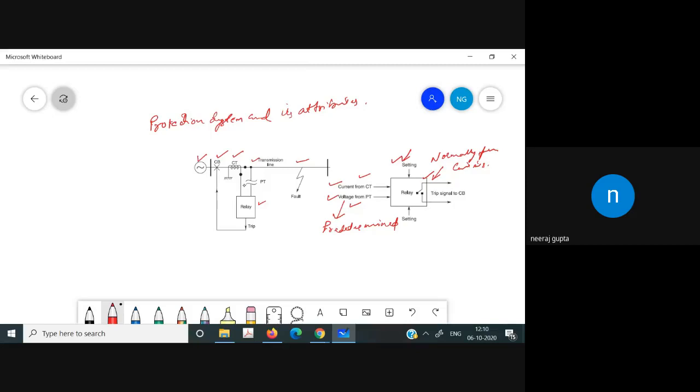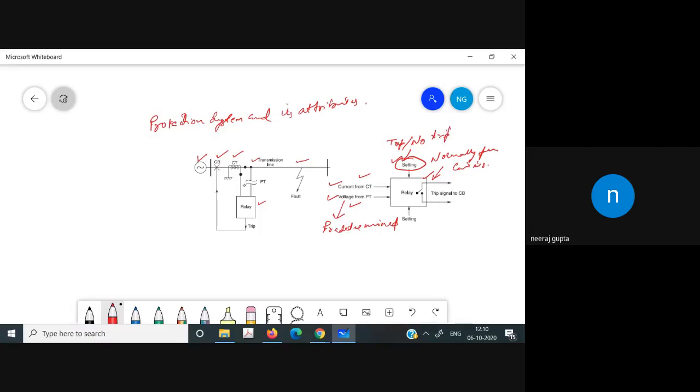From the information coming from CT and PT, it processes the information to arrive at some value, and then it compares the value with the setting of the relay to trip or not trip.